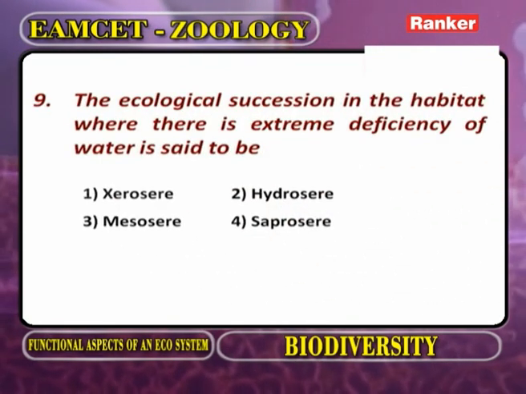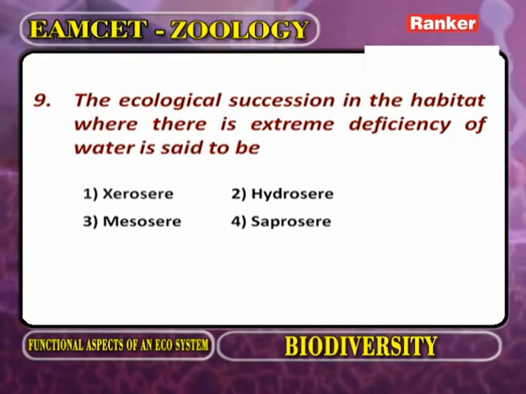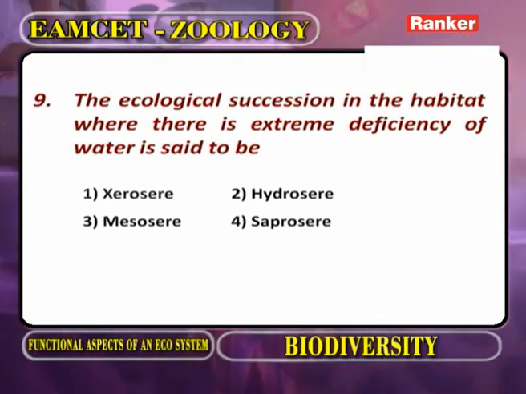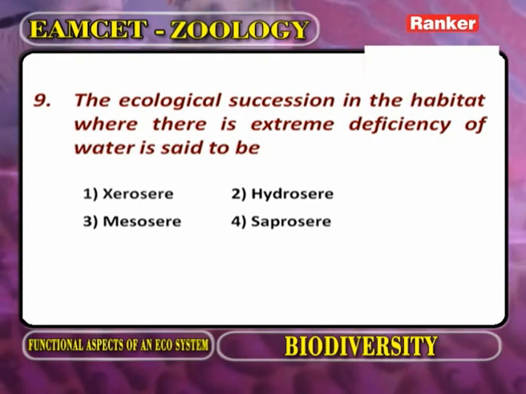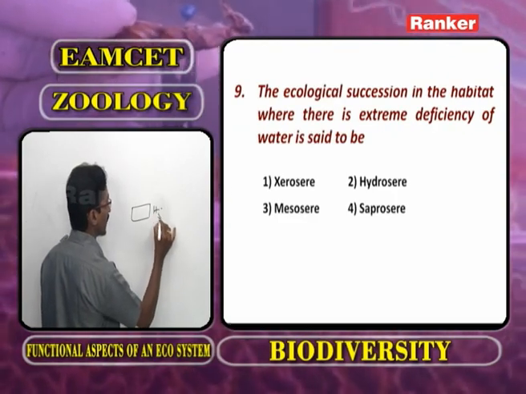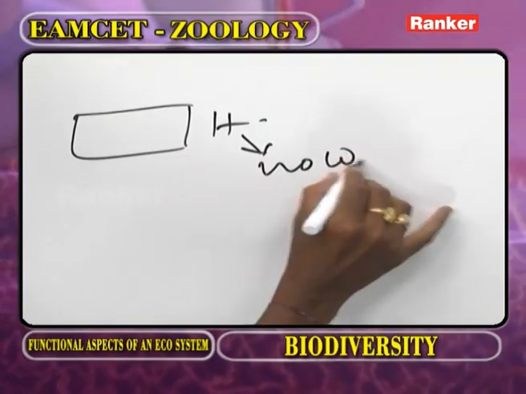The ecological succession in the habitat where there is extreme deficiency of water is said to be. Now, this is one habitat, and in this habitat, in the beginning, no water.